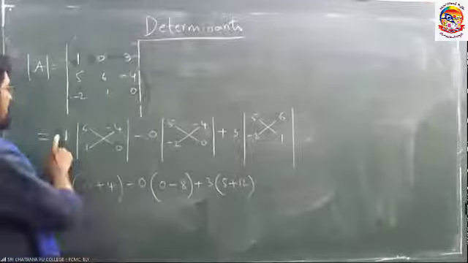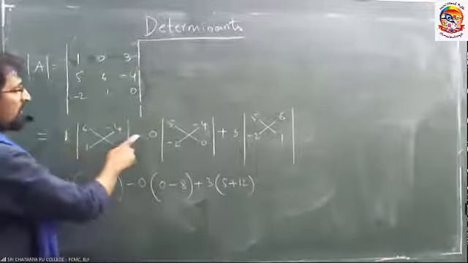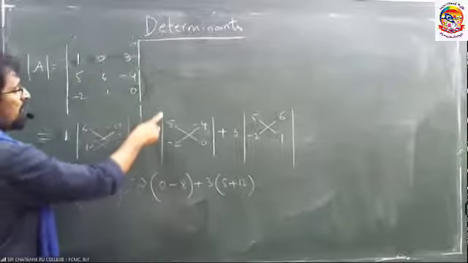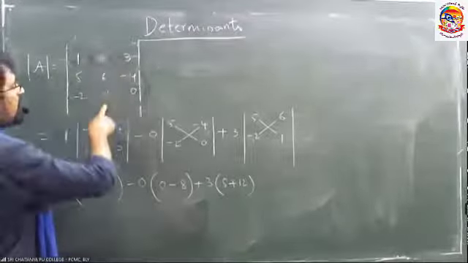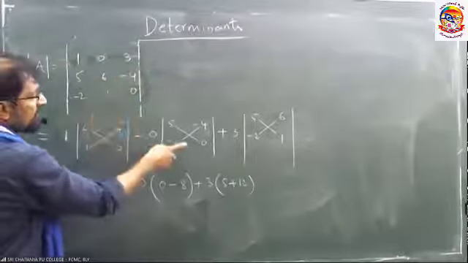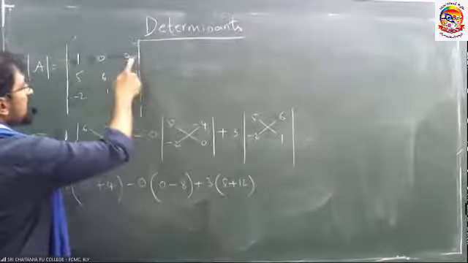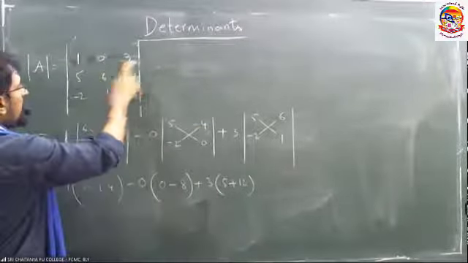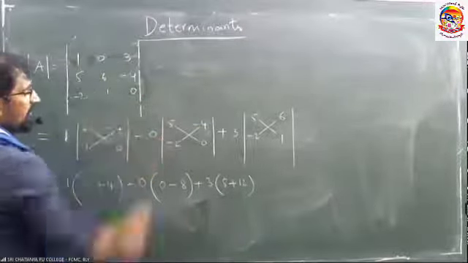Don't worry. 1 is positive, next negative. 0, this element into excluding this column and this row, these 4 elements, plus 3 into exclude this column and this row, you are going to get these 4 elements.